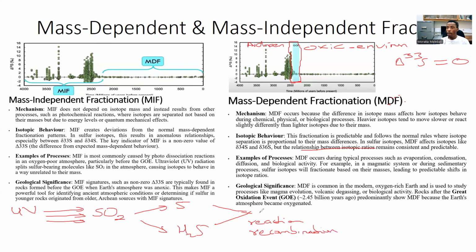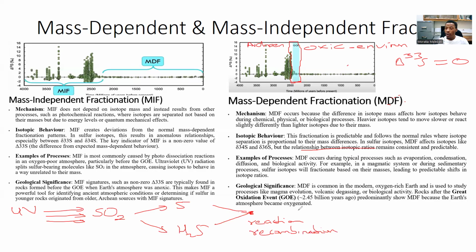Okay, so now after this reaction and recombination, due to the presence of what? Of oxygen, because we had the oxygen. So it means these sulfur products were now reoxidized during this reaction, and then they recombined.